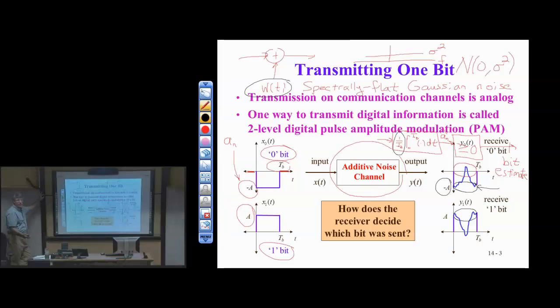Now I'm going to make a mistake some of the time. This won't be perfect detection. So when am I going to make a mistake? If the average value has the wrong sign. And so when could that happen?